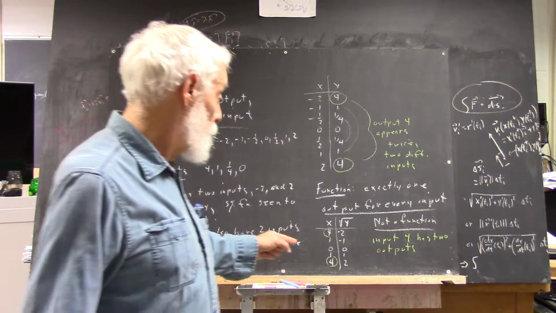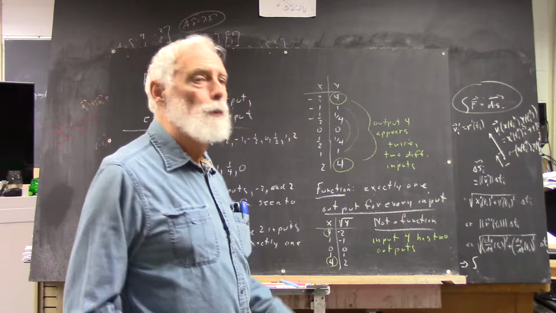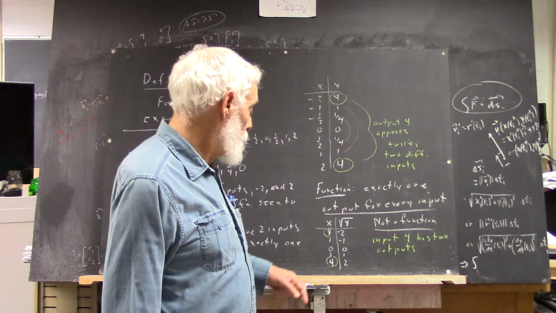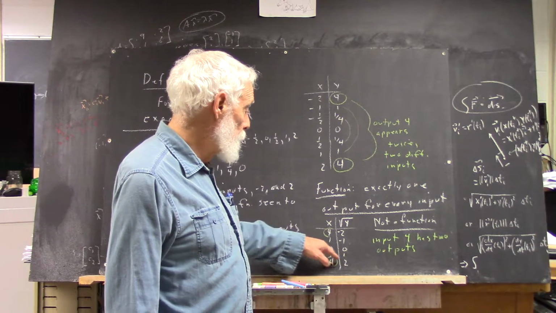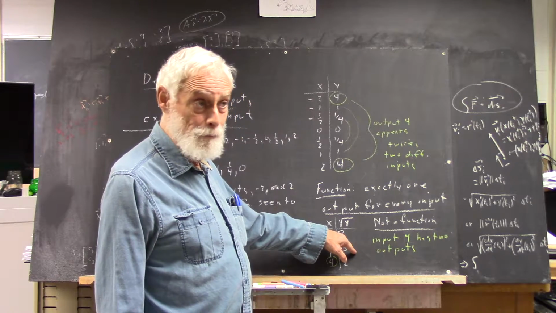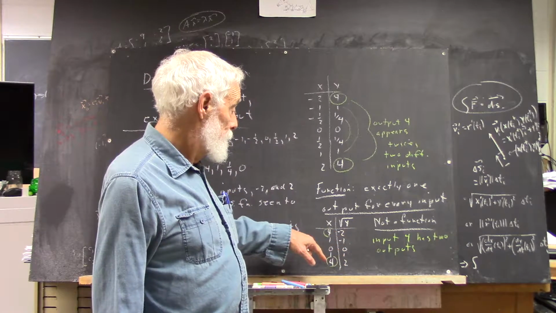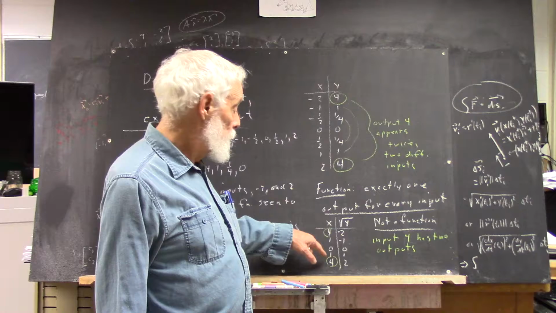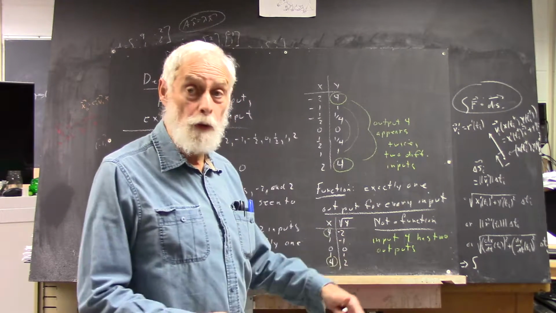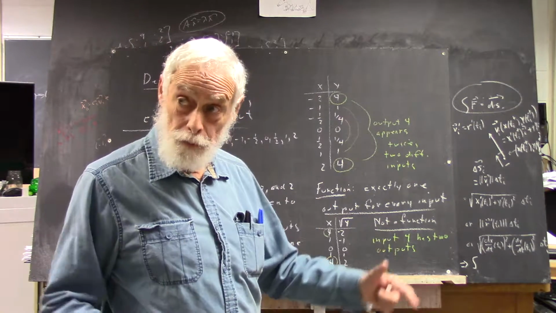So this is not a function. Now the square root is a function, and you can verify that the square root of 4 is 2, and the square root of 1 is 1, and the square root of 0 is 0, right? But the square root of 1 is not -1, and the square root of 4 is not -2. Square root of 4 is 2, not -2.